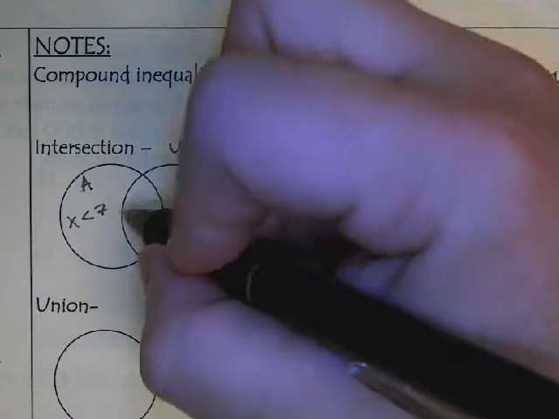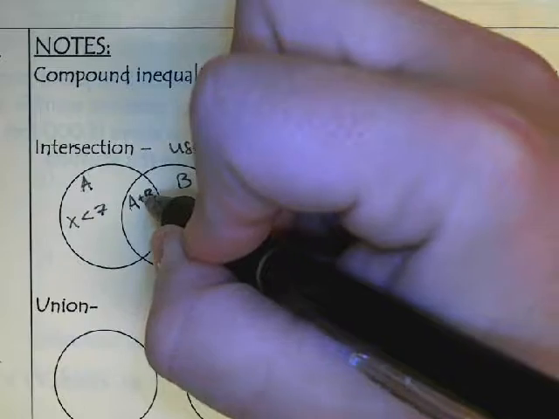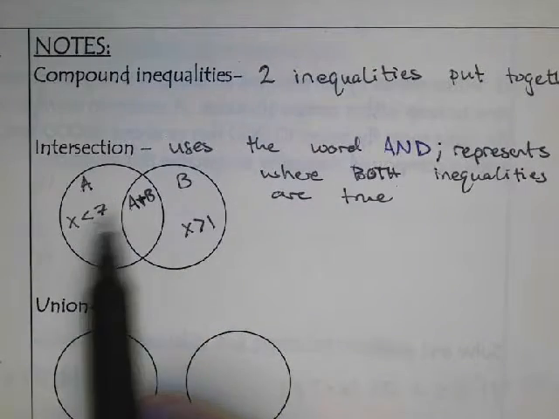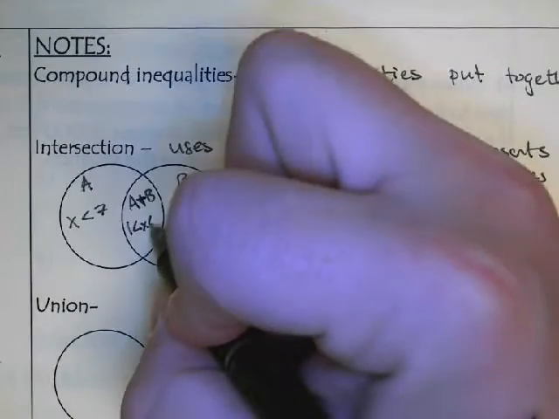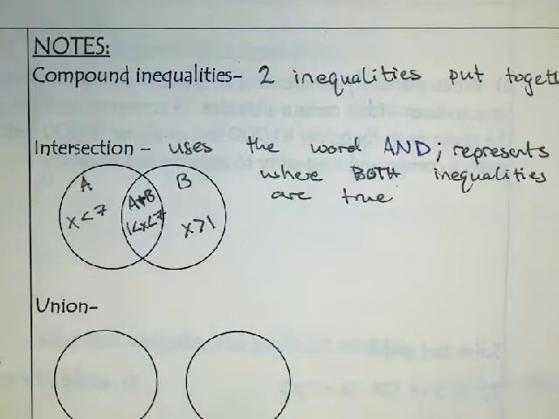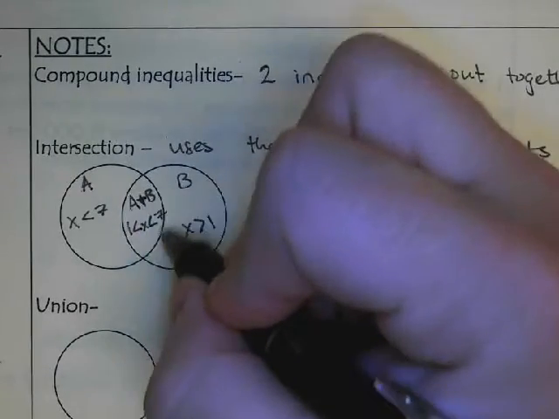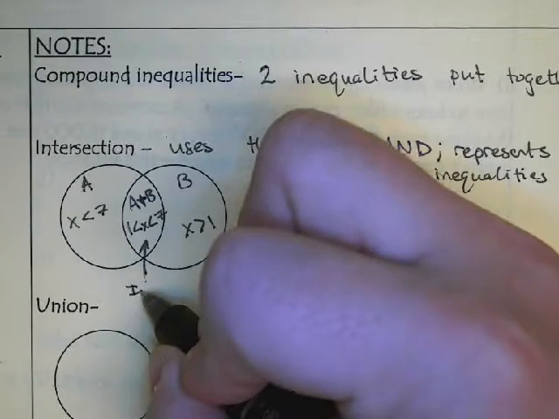So where would A and B both be true? Well, x would have to be between 1 and 7. So if 1 is less than x is less than 7, that's where we have both A and B being true. This part right here where the two circles overlap is our intersection.